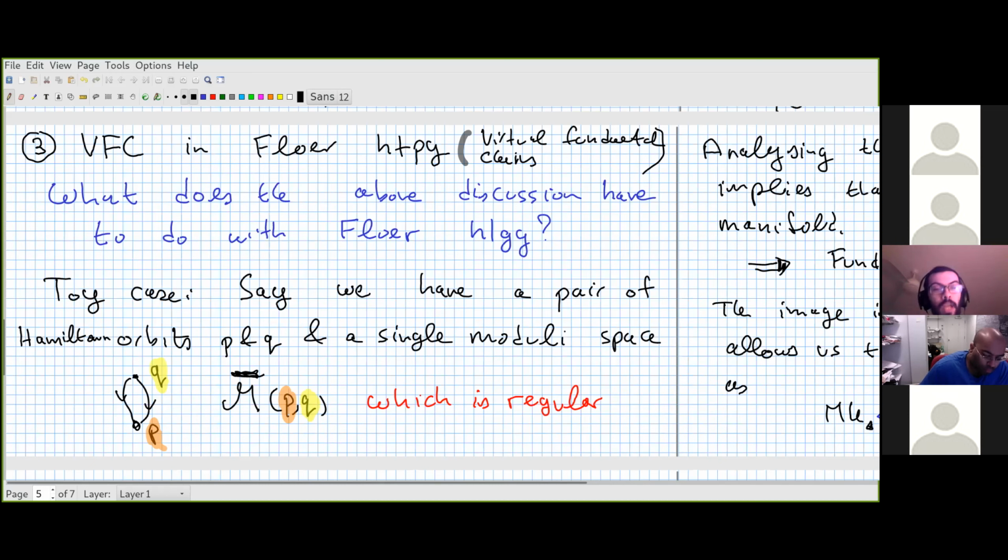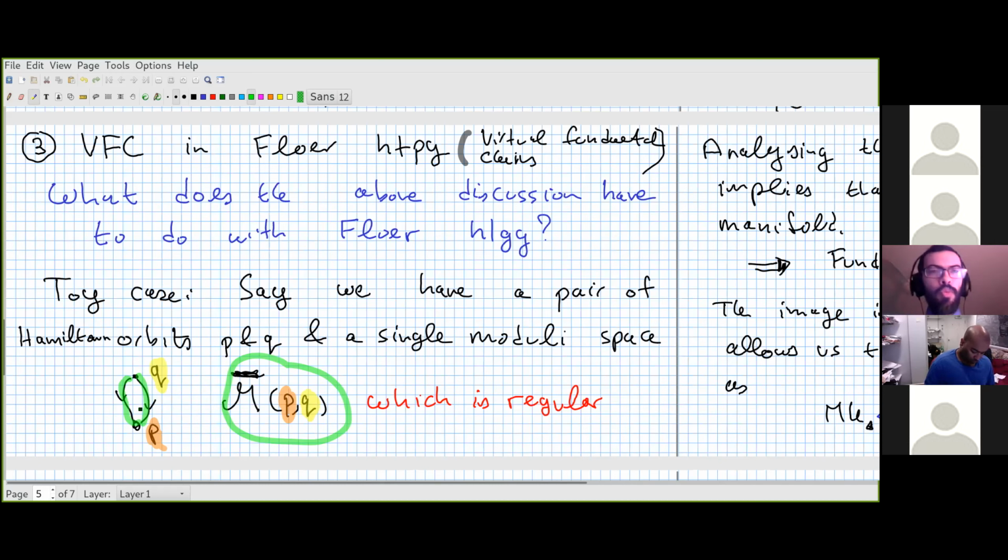That's life. Okay, so we have this P and this Q, and there is some moduli space. I denote it M bar PQ, and it's the space of flow lines between them. I illustrated it as these two flow lines. If I have a standard Morse function on the circle, with a min and a max, there's a flow line that goes this way and a flow line that goes this way.